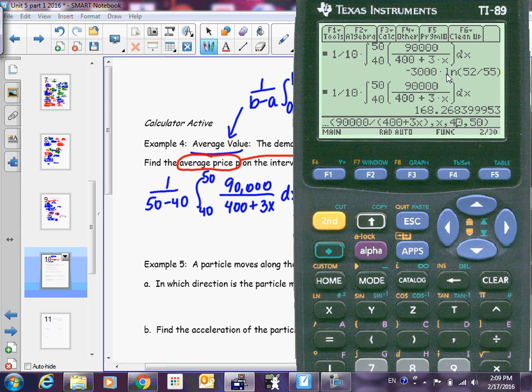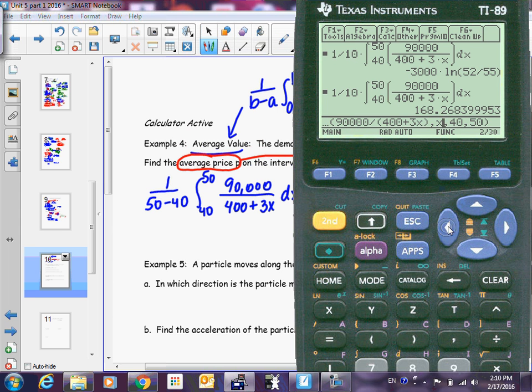Yes. I tried that. Did you get negative 3,000? But does it say LN in the line? Okay, so do diamond enter. It's not wrong what you have up here if it's different. Did you use 90,000 or did you possibly do 900,000?